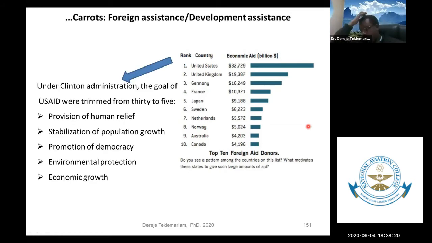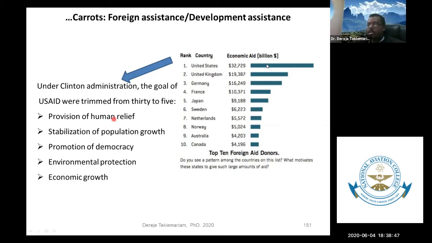For example, if you take the USA, the majority of United States foreign assistance is provided by the United States Agency for International Development, called USAID. USAID normally has some 30 goals. Imagine, 30 goals. During the time of Clinton, these goals were summarized into five groups.